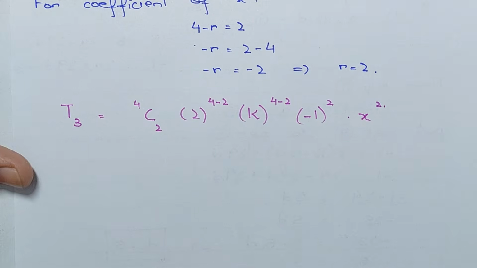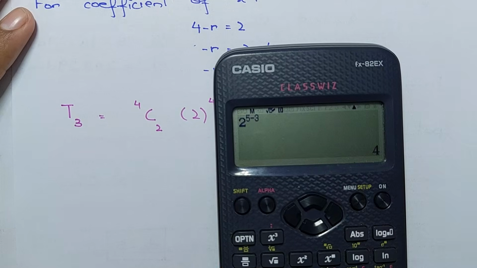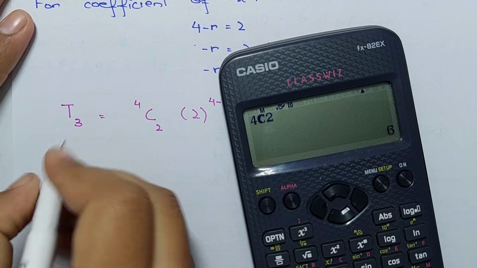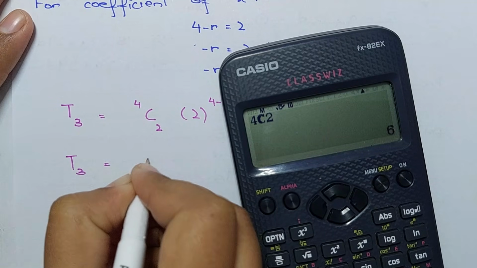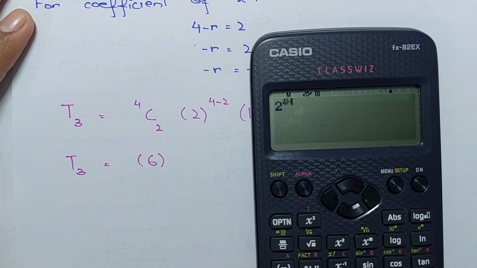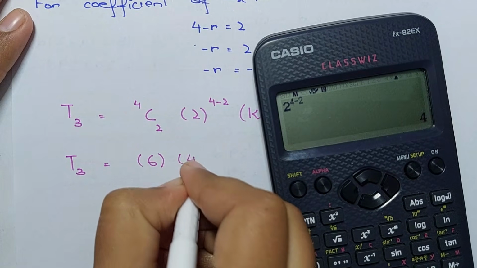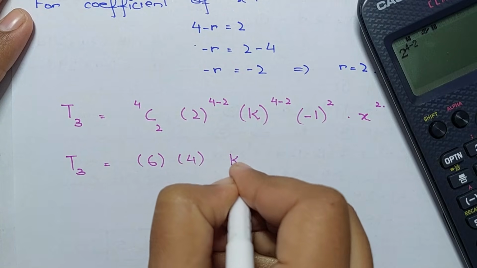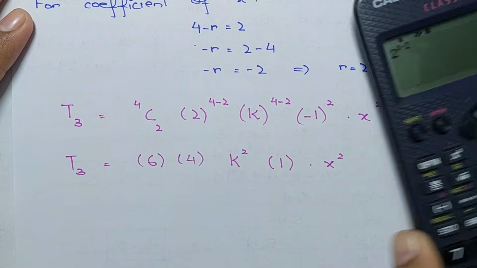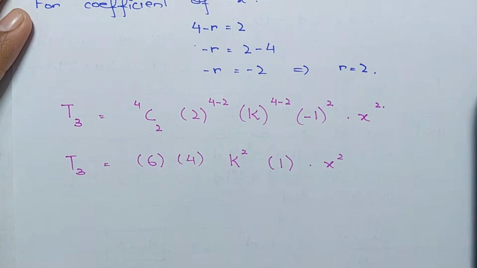Okay. Simplify. What is 4C2? 4C2 is 6. So the third term would be, this is 6, and 2 to the power of 4 minus 2 is 4, and here k to the power 2, minus 1 squared is 1, x squared, and 6 times 4 is 24.